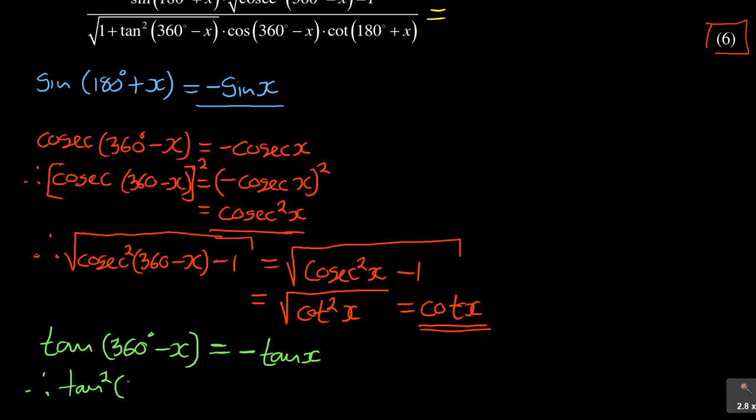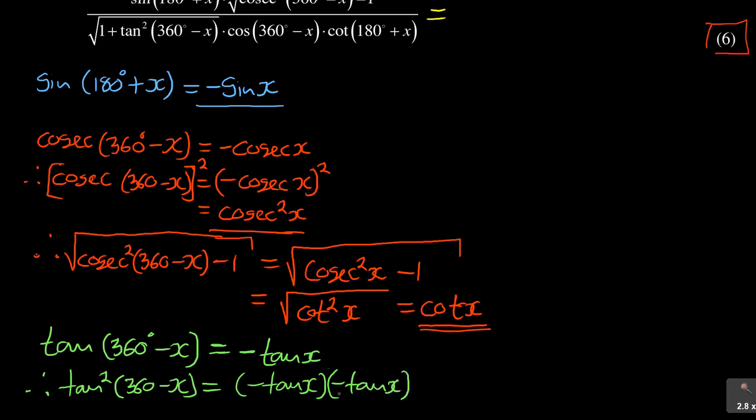Therefore tan squared 360 minus x. If you remember, I said this is the same as saying bracket minus tan x, and the square is outside like that. So this square, in a way, is like you've got two of them, again minus tan x. That's what it means.